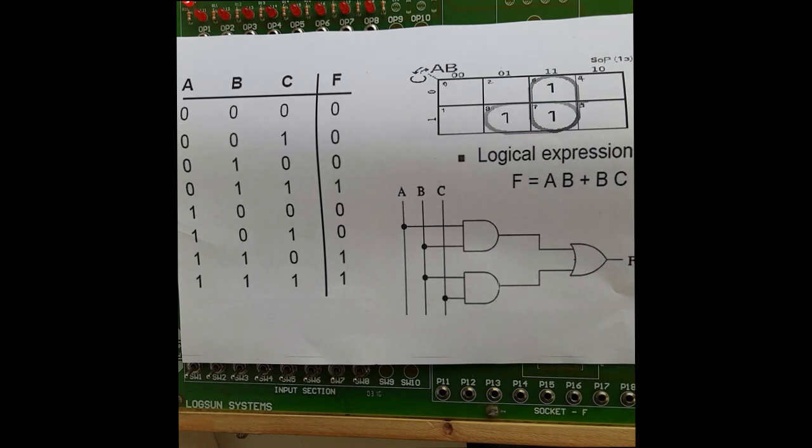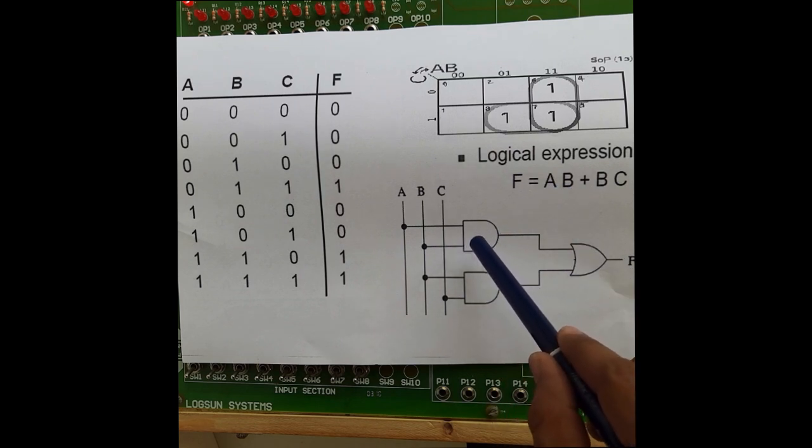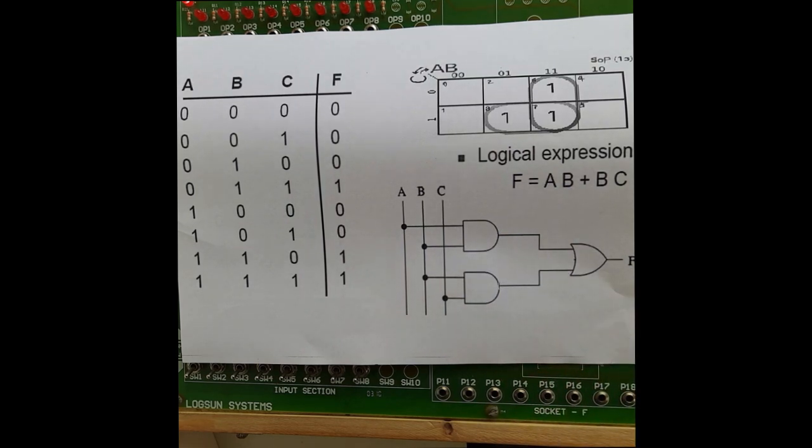Now we want to draw the circuit diagram. So for this equation, this is your circuit diagram. So A into B, an AND gate. For the AND gate, the IC considered is 7408.